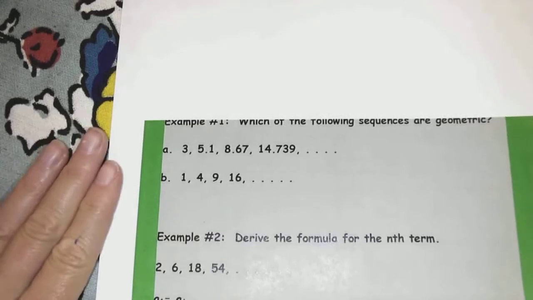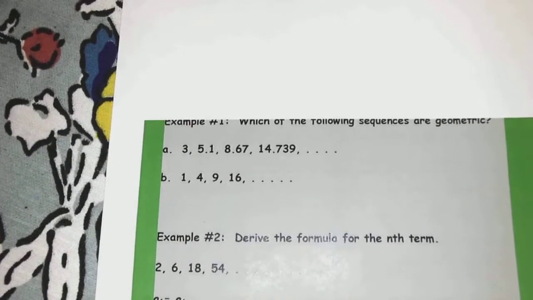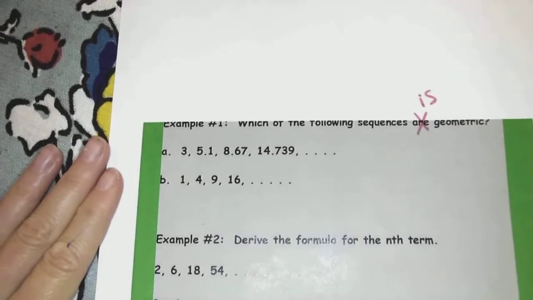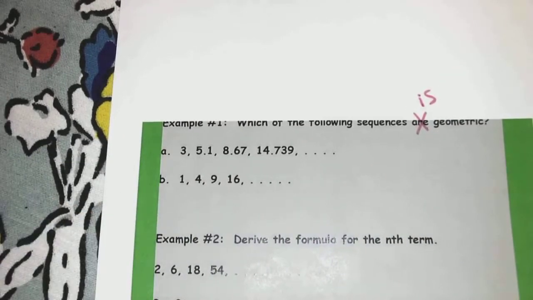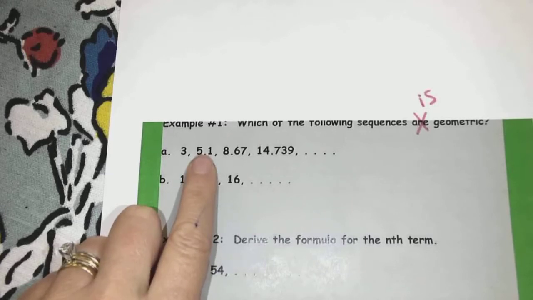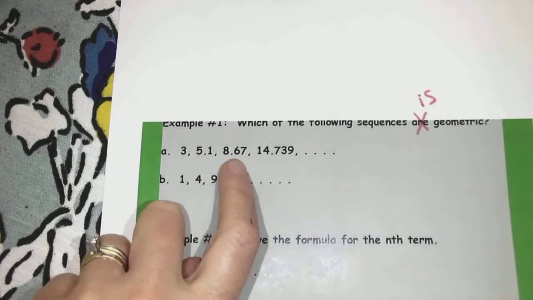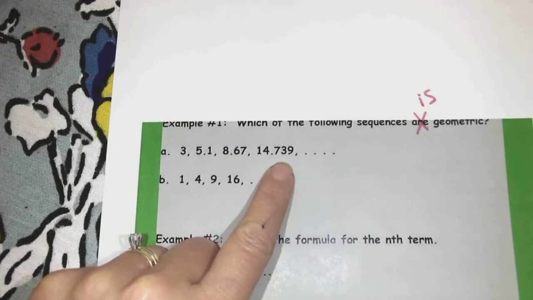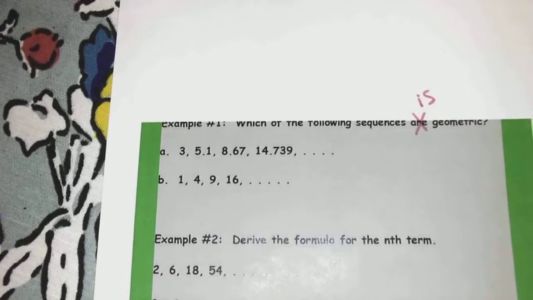Example 1, which of the following sequences, I should say is, because there is only one, is geometric. If I look at the first one, you might look at that and think, I don't know what you multiply 3 by to get 5.1, or 5.1 by to get 8.67, or 8.67 by to get 14.739. We'll use your calculator.